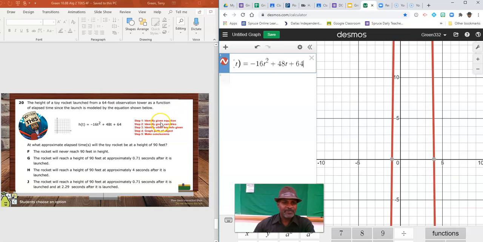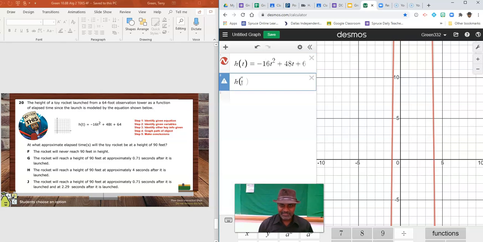So what we want to know is at what approximate lapsed times will the toy rocket be at 90 feet? So when is h of t, which is the height, 90 feet?